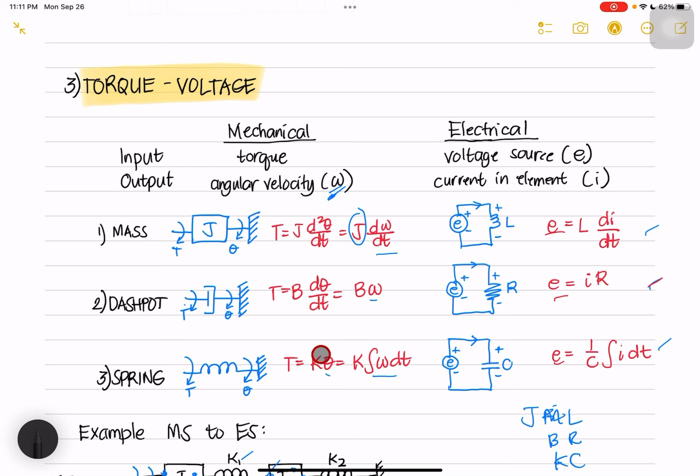Ito yung normal formula na alam natin. And then, we had to make sure that the formula will have the variable angular displacement. Okay, it can be theta or this one. Then, same din dito. So, E, ang mass, ang katumbas niya is L, then di dt. Sa dashpot naman, E, katumbas niya ay IR. So, BR. Then, spring will be 1 over C. So, capacitance. Okay?